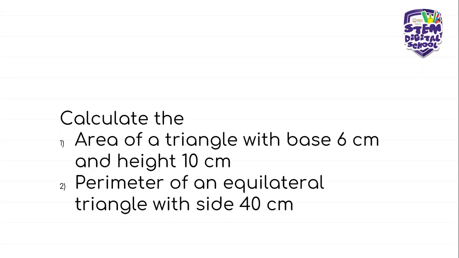So the perimeter there should be given as the distance around the edge of the shape. And in our case, that distance will be 120 centimeters. You just add the 3 sides together and then you are fine. Once you add all the 3 sides, then you have what we call the perimeter.